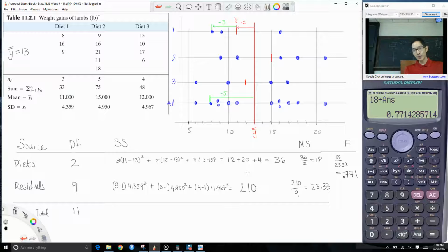ANOVA was developed by Ronald Fisher, who, as far as statistics goes, is like the grandfather of modern statistical methods. He developed this test, and the theoretical part depends on the ratio between two distributions and their respective degrees of freedom.